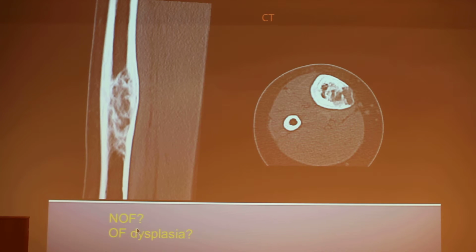Here is the corresponding CT. You can see all the findings better on CT with the cortical thickening and the rim around the lesion. But here you can see that the cortex is disrupted, but not the periosteum. This was typical of an adamantinoma, which was also typical because of the location. It was part of the tibia, so it's a must know.